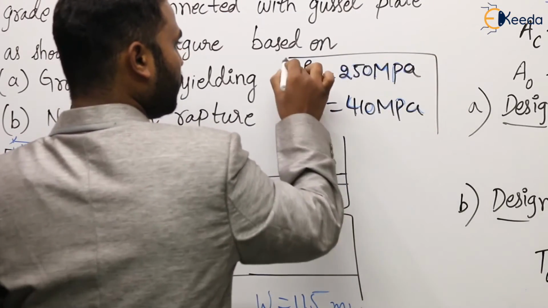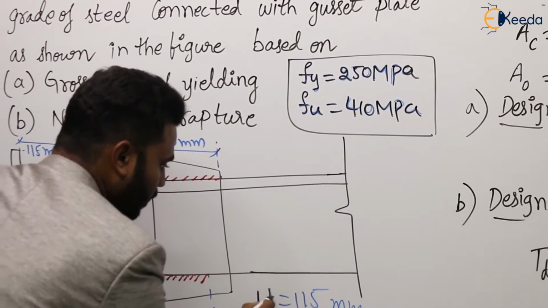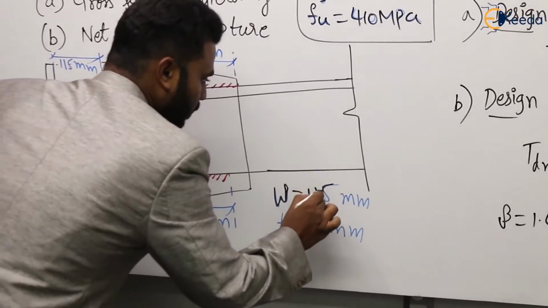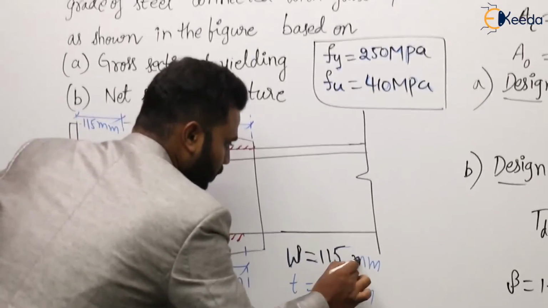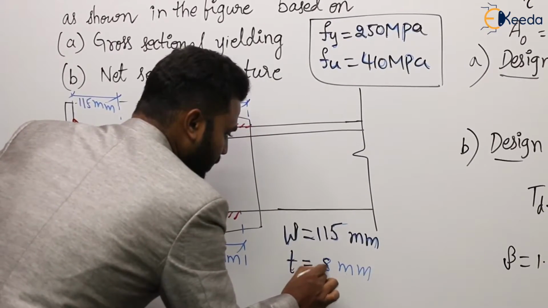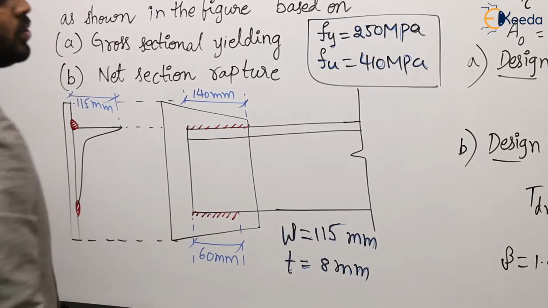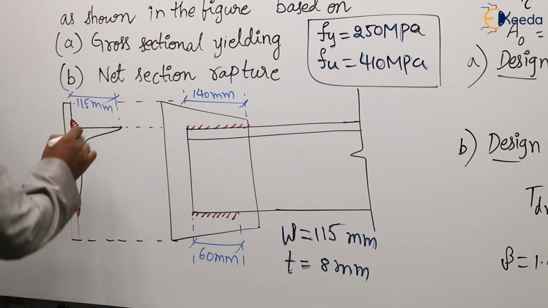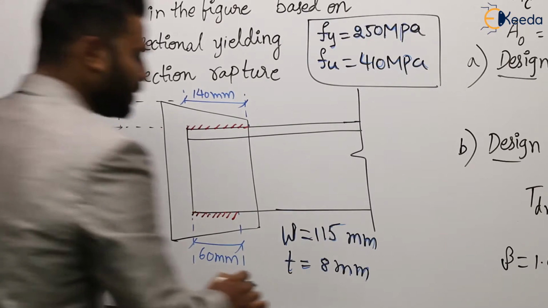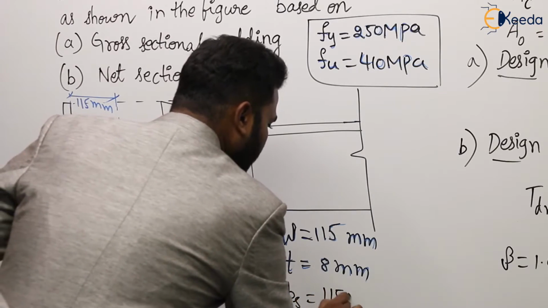So this is Fy and Fu, and this is W, the width of the outstand, which is 115, and the thickness is 8 mm. Now coming to Bs. Bs is nothing but the length of the outstand, or width of the outstand. So Bs is equal to the same 115 mm.